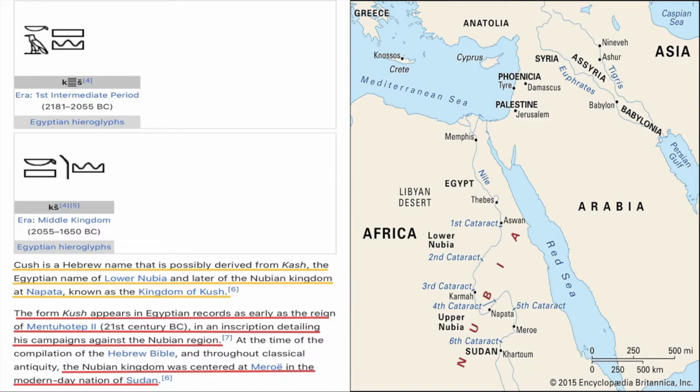The form Cush appears in Egyptian records as early as the reign of Mentuhotep II in an inscription detailing his campaigns against the Nubian region. The Nubian kingdom was centered at Meroe in the modern-day nation of Sudan.